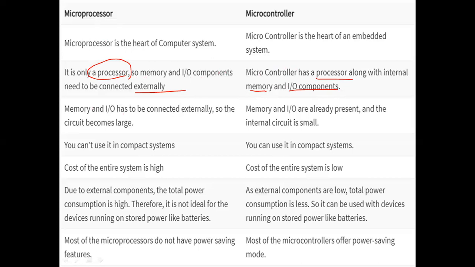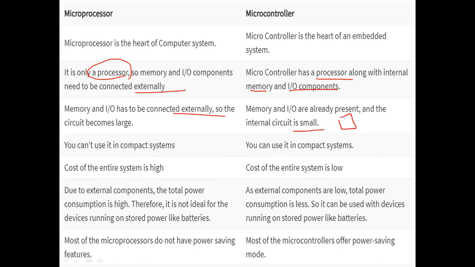In a microprocessor system, memory and IO are connected externally, so the circuit becomes large. But in a microcontroller, memory and IO are already present and the internal circuit is small.